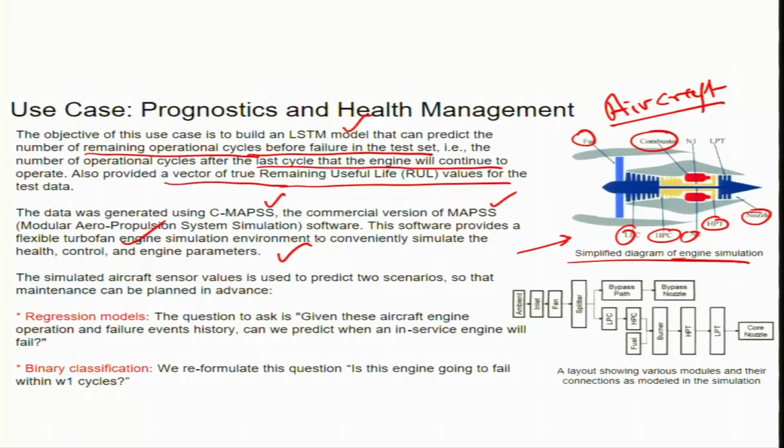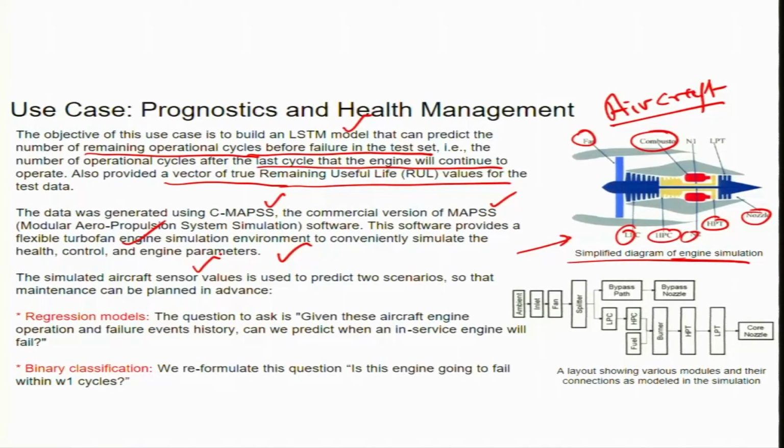By looking at this prognostic and health management, and the predictive maintenance using the remaining useful life, you can also apply it to any of the machines in the industry. Therefore, this particular use case is very important because it uses the IoT sensor data to monitor predictive maintenance.